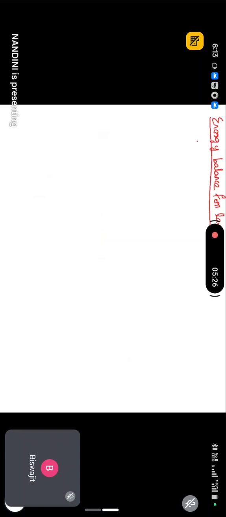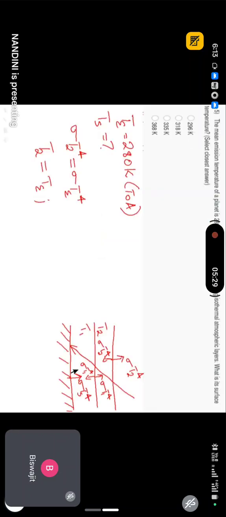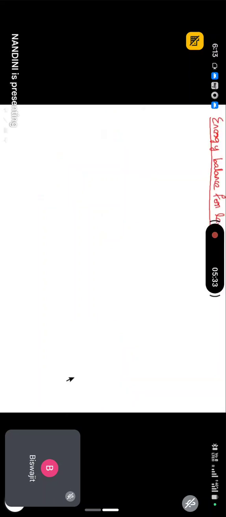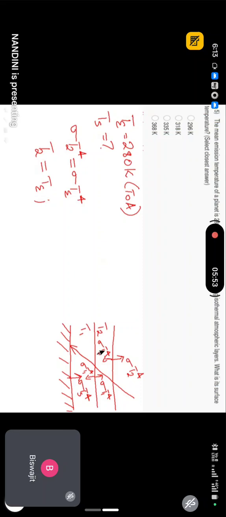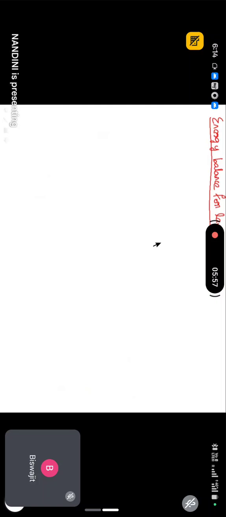For layer 1, the incoming radiation is sigma Ts raised to 4. Actually, we'll start with layer 2 so that we get the relation between T2 and T1 first.